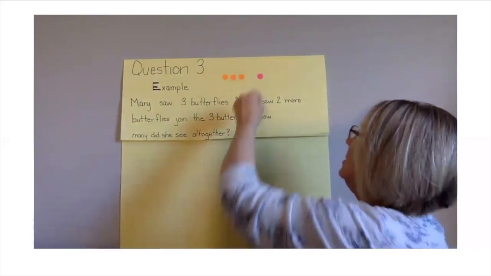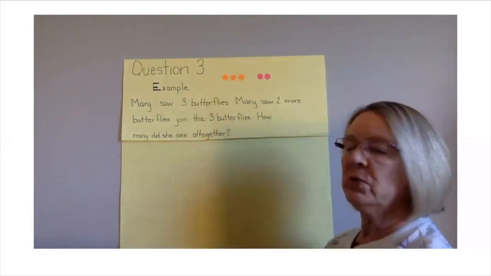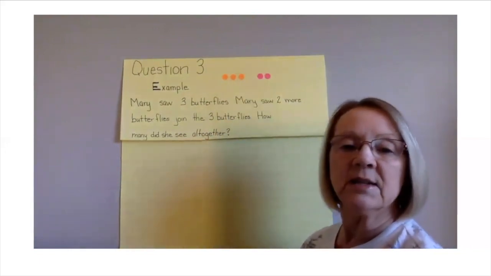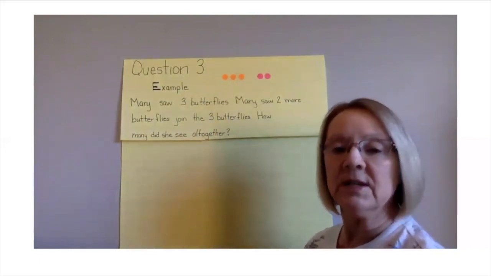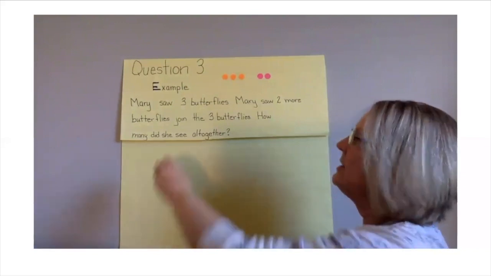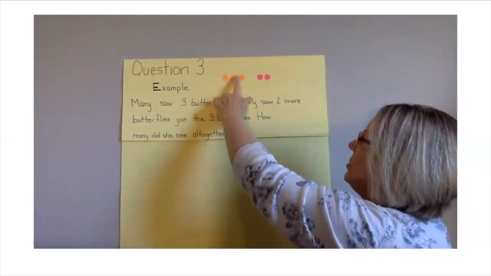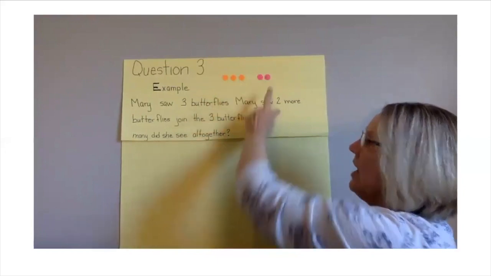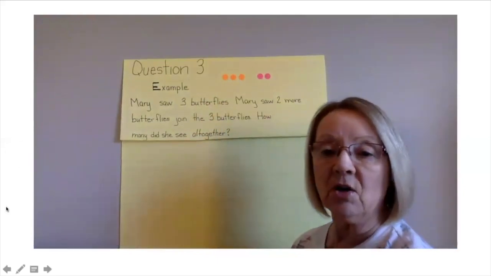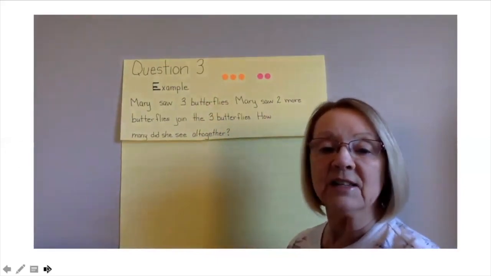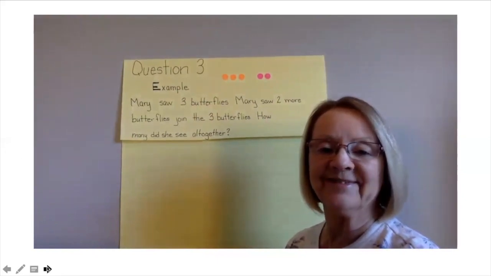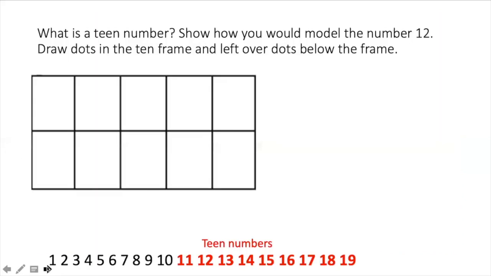One, two. So the question says, how many did she see all together? Let's count. One, two, three, four, five. So Mary saw five butterflies all together. All right, boys and girls.